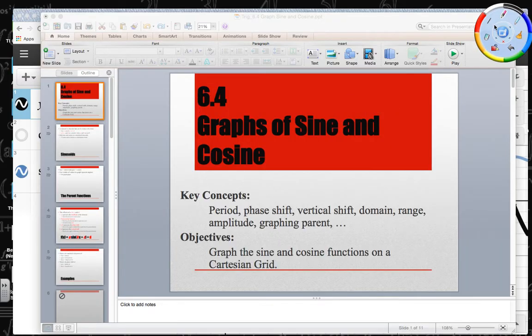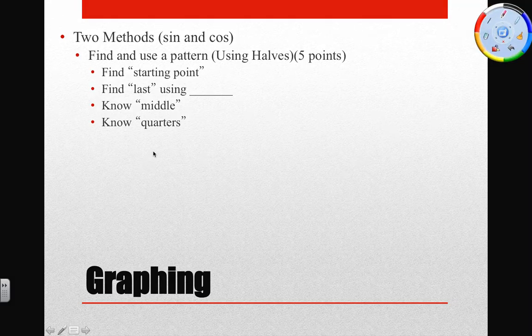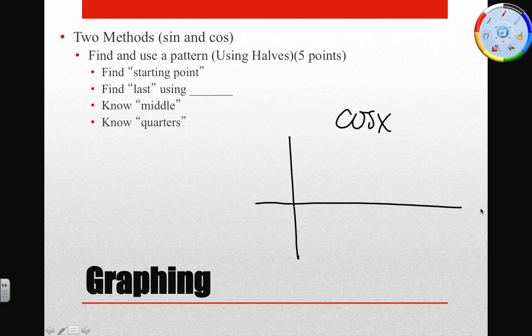And it goes likewise for cosine. If I was to graph cosine, or some version of cosine, I say, hey, how do I graph cosine? I know, first of all, I break it into 5 or 4 dashes out here. I know cosine normally starts at the up position.